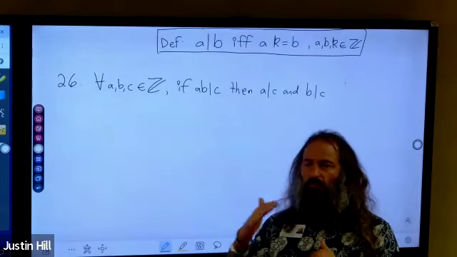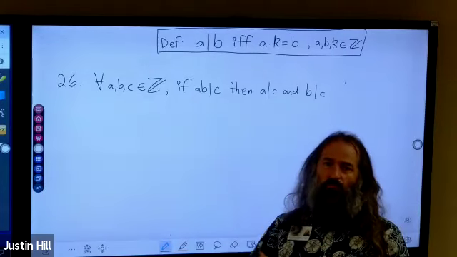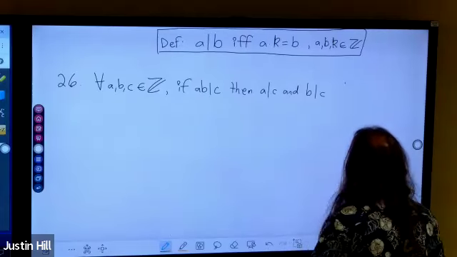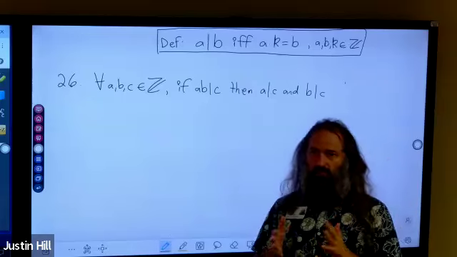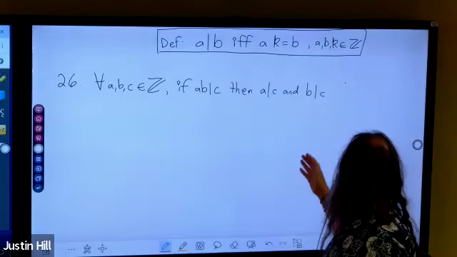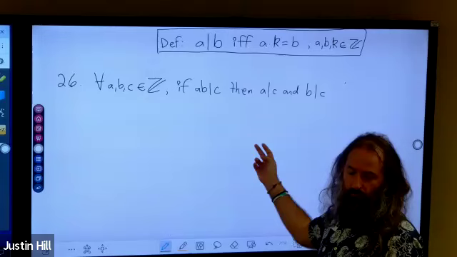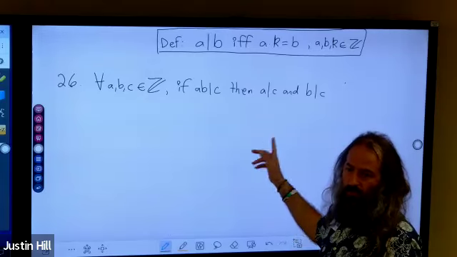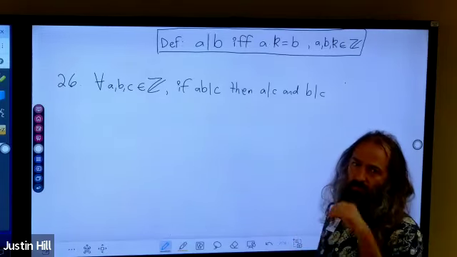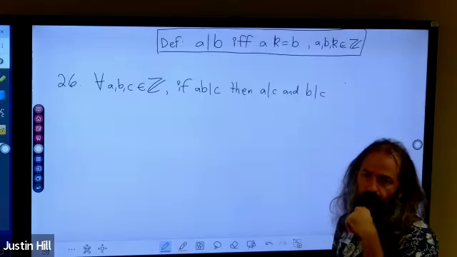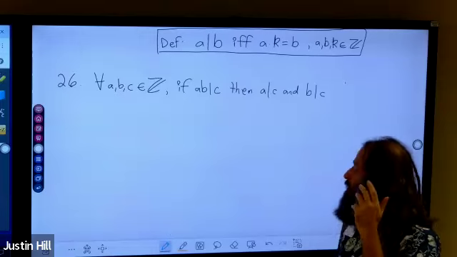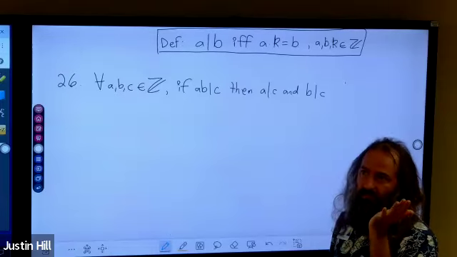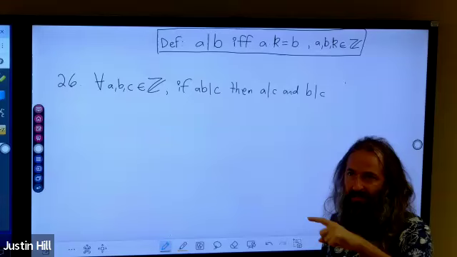It's either going to be multiplied by 1 or 2 or 3, some integer, but it's less than or equal to C. So thinking about that, if we fix that issue, then should it be true that the two separate factors of A and B also divide C? What do you guys think? And again, it may be 50-50 on this. My instinct is, yes, this should work. Like last time I was wrong.